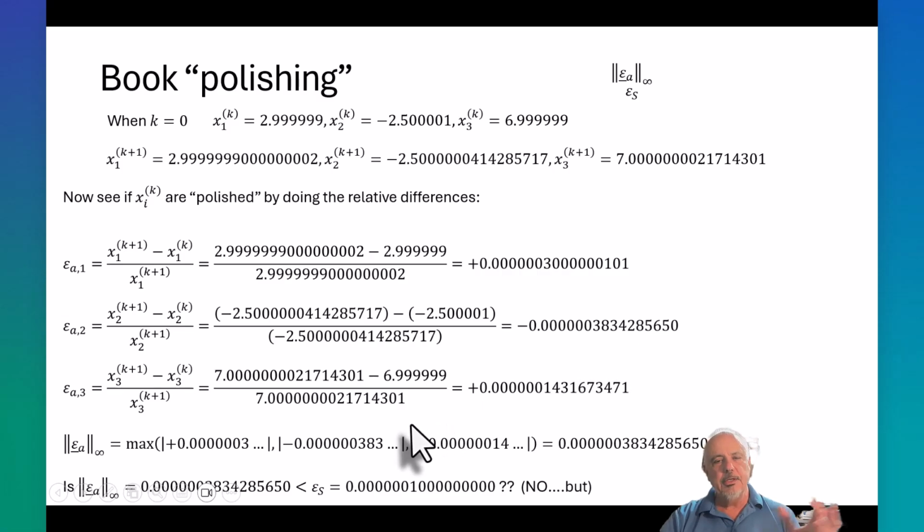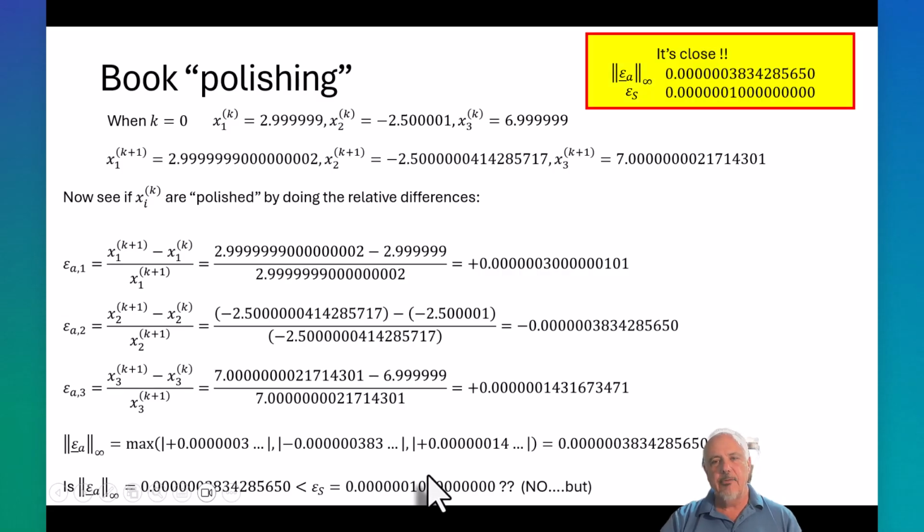Okay, so what is really weird about this is, you look at the epsilon sub s from the book, and you do see that this value is not less than that epsilon sub s value, but it's pretty damn close. It's only 3.8 or so times bigger.